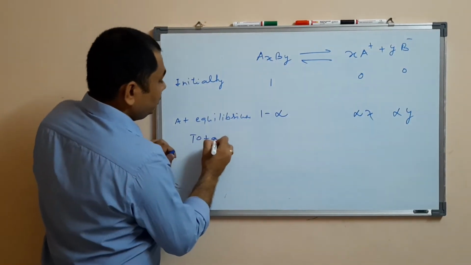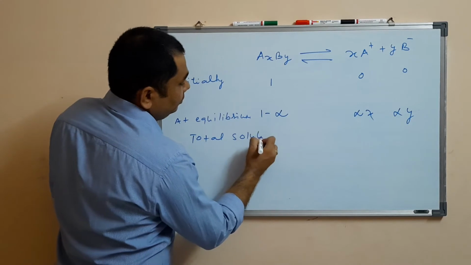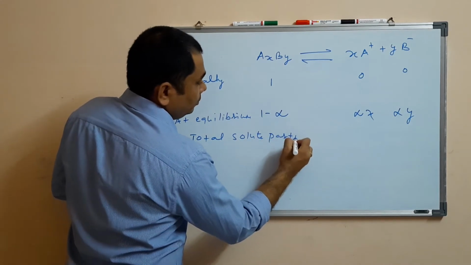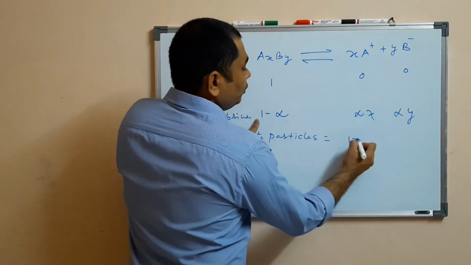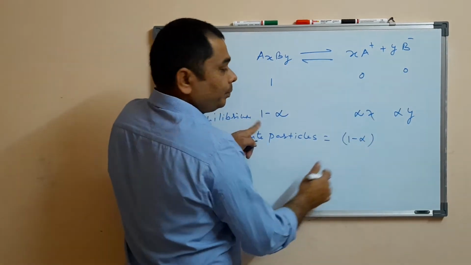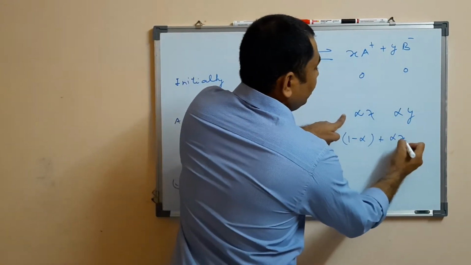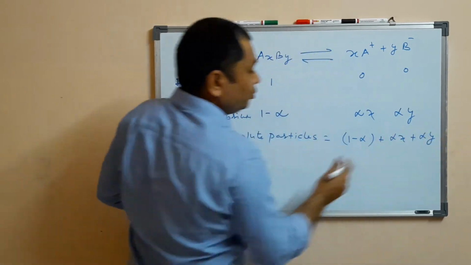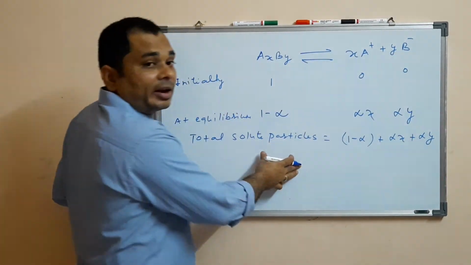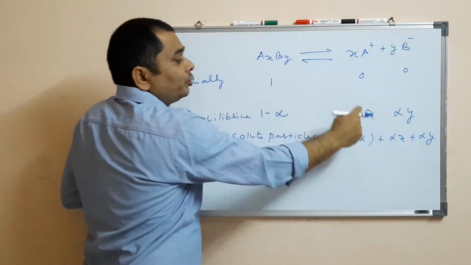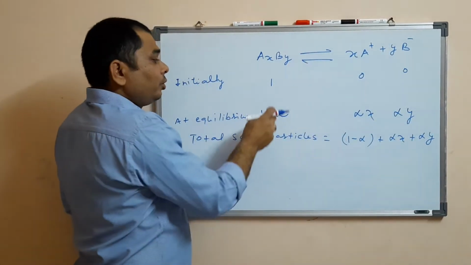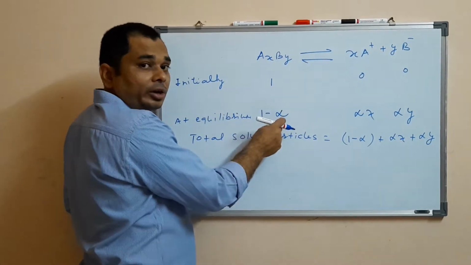Total particles will be equal to what? How many of these are available? 1 minus alpha plus alpha into x plus alpha into y. So these are the total number of particles which are actually available. Okay, इतना हमने पहले लिया था, लेकिन डिसोसिएट होने के कारण इतने बने और ये तो कम हो जाएंगे, इतने डिसोसिएट हो गए, इतने बचे.